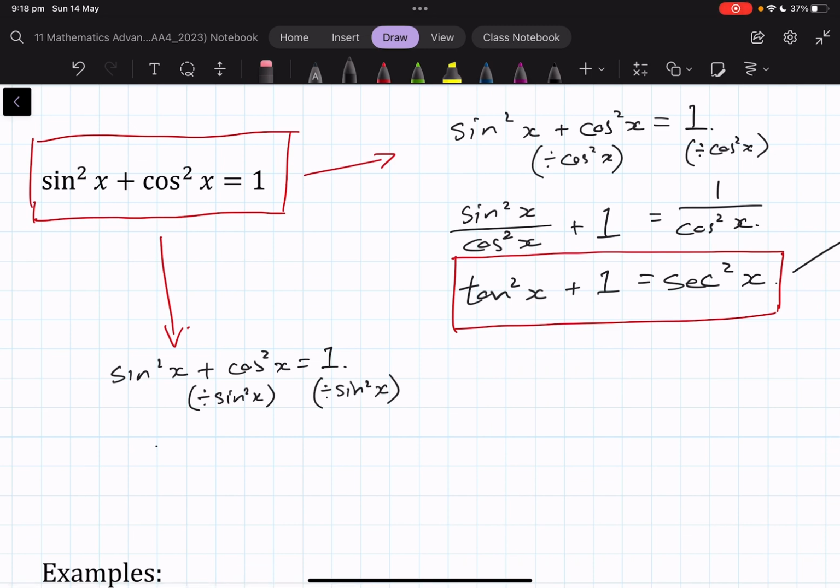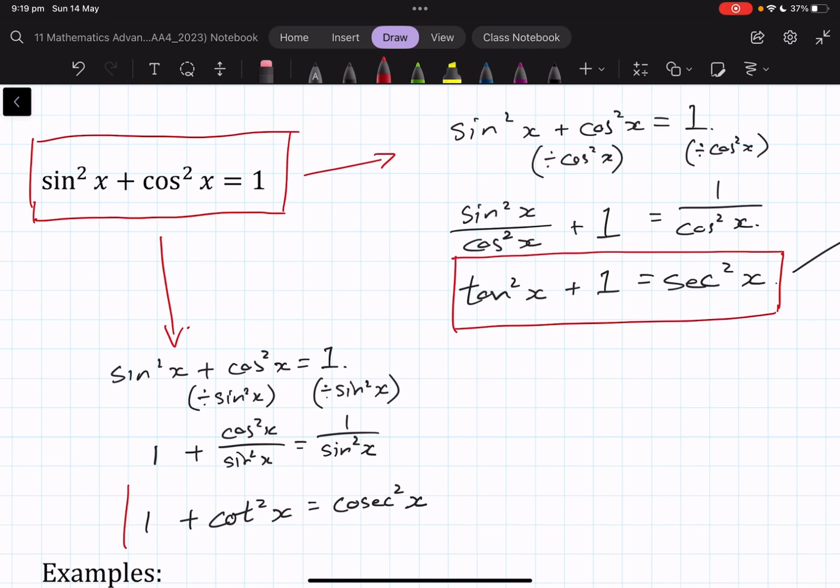Sine squared divided by sine squared is 1, plus cos squared x over sine squared x equals 1 over sine squared x. And if I do that, this becomes 1 plus cos over sine is cot squared, equals 1 on sine is cosec. I suppose cosec squared in this case. And so we have another version, an identity between cot and cosec.